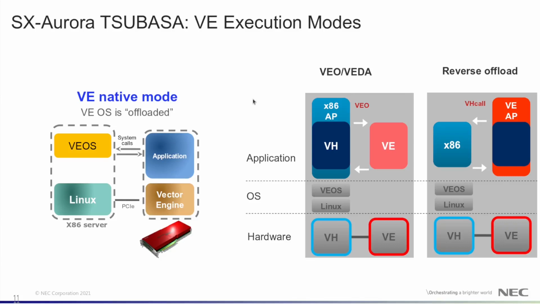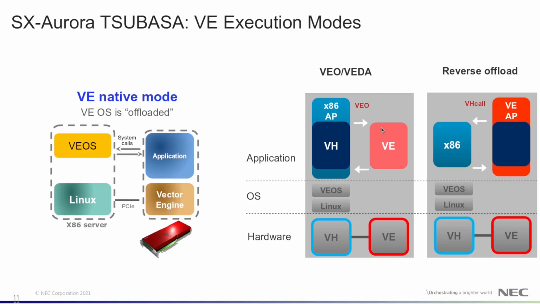Then we have accelerator mode execution with APIs called VO or VEDA, and reverse offloading. So in VO and VEDA, the main program runs on the vector host, and this main program can offload execution kernels to the vector engine.